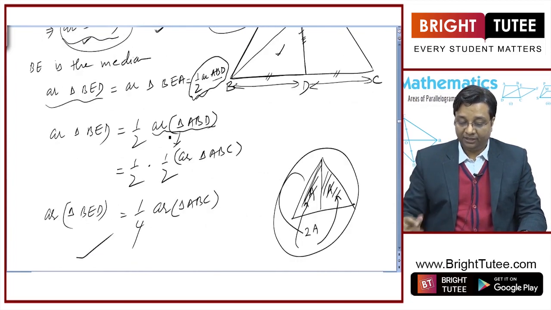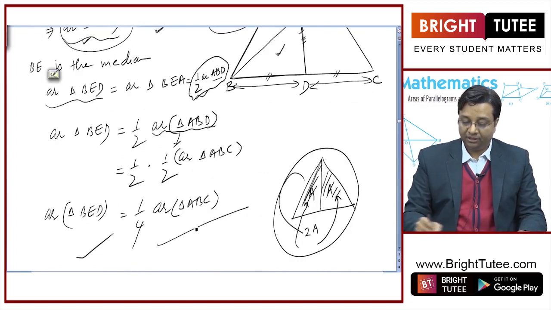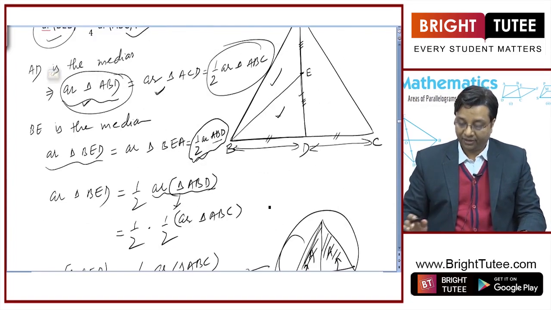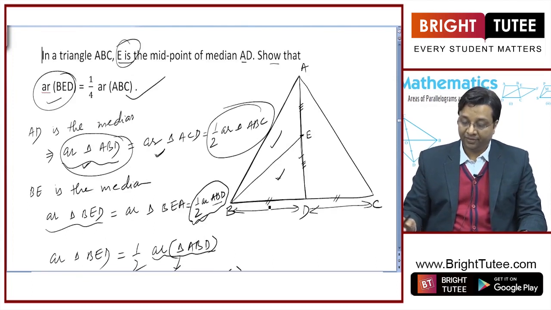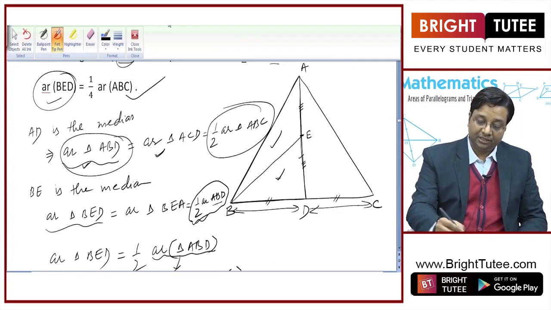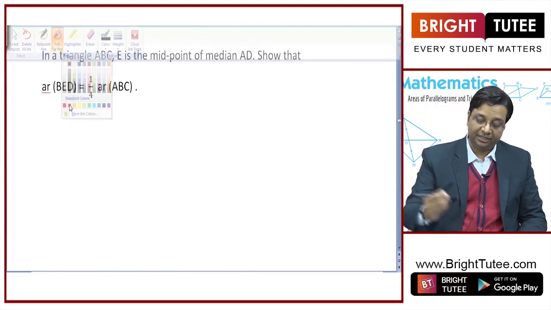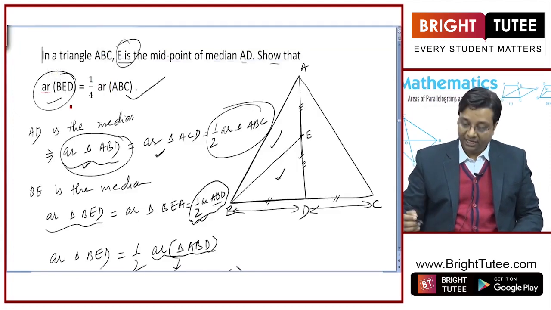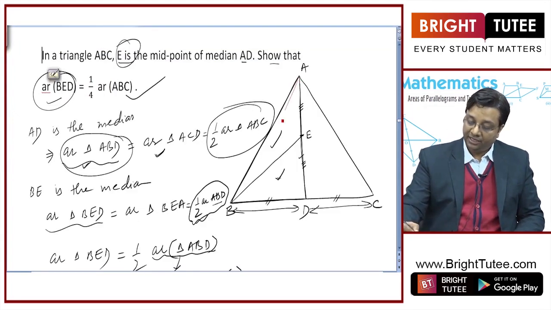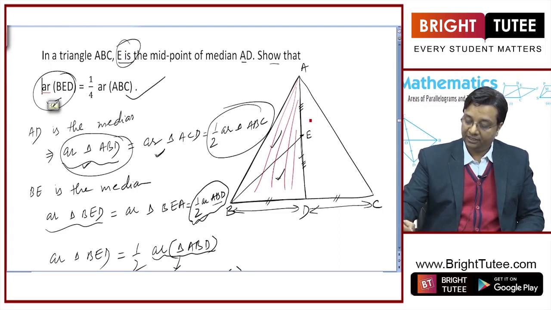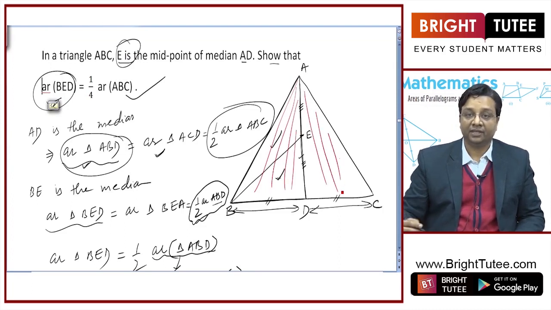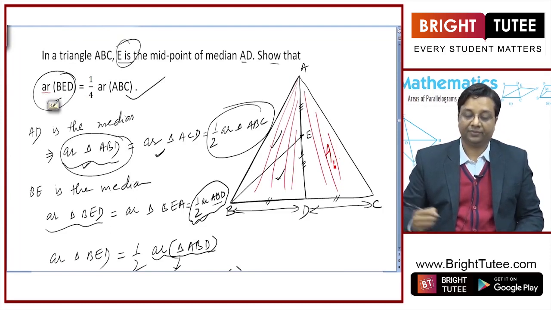And when you look at it without writing all these, if you simply look at this figure, let me change the color. Just by looking at this figure, I will know that area of this portion is equal to area of this portion. Let us say area of this portion is A1.